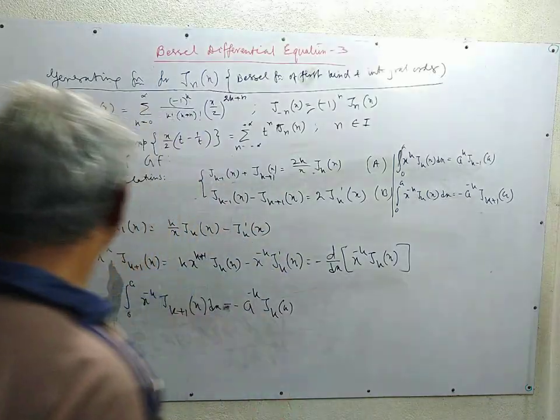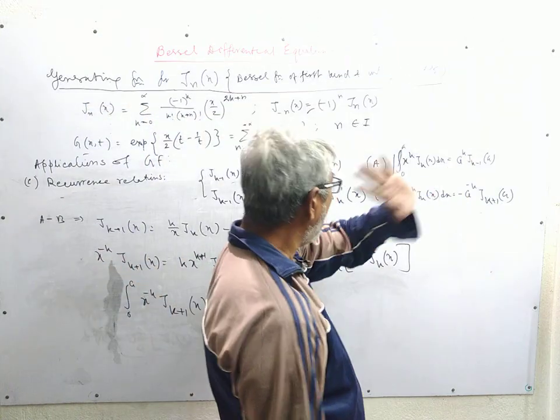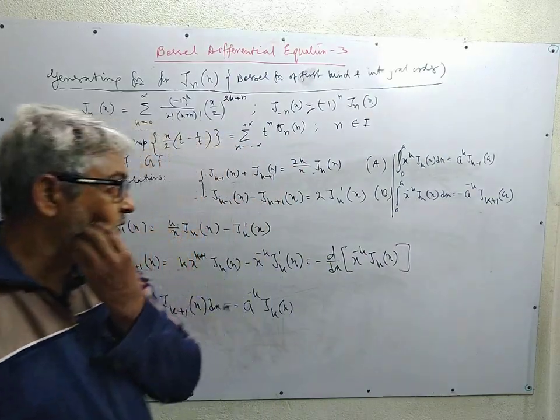In the next class, we shall show that the relation here has been derived from the generating function, which is valid only for Bessel functions of integral order. So the derivation that we have made in this class is valid only for integral orders, when k is an integer.